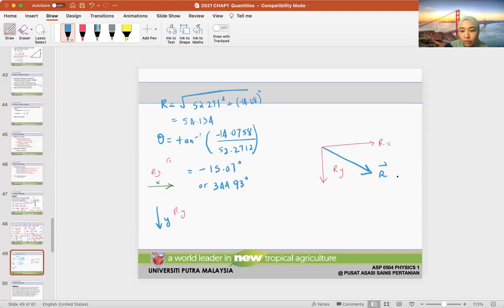So the magnitude of R is 54.134. So this is okay. It doesn't tell us much, only the magnitude. What about the angle?